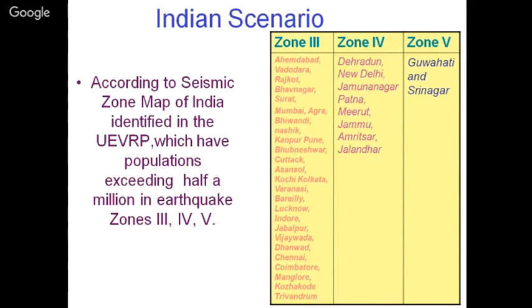This is zone 3, zone 4, zone 5, whichever zones they lie in, and what the critical status of these cities is in those zones. So they are hugely vulnerable. Guwahati and Srinagar are in zone 5, and depending upon the building stock, typologies and vulnerability status, they are hugely vulnerable.